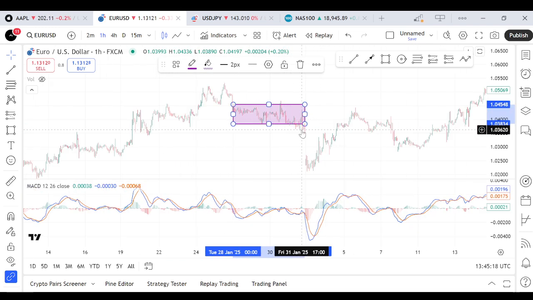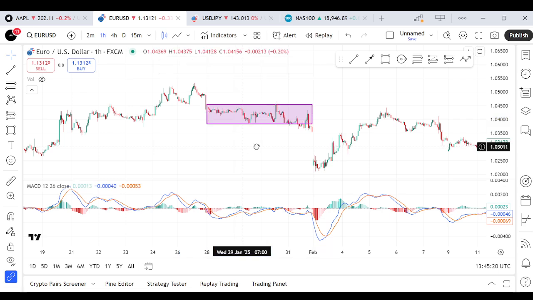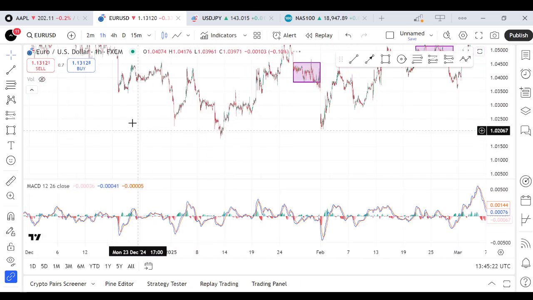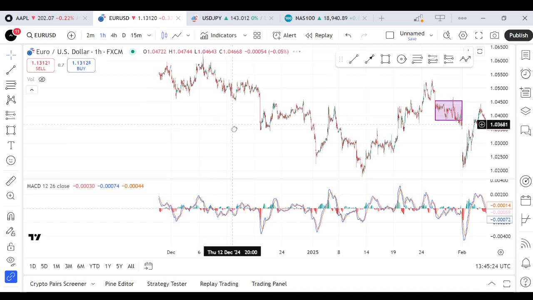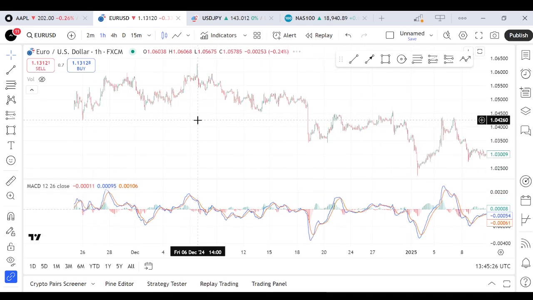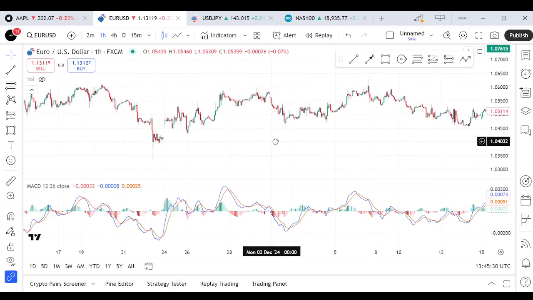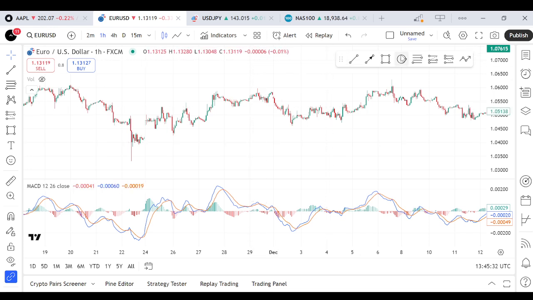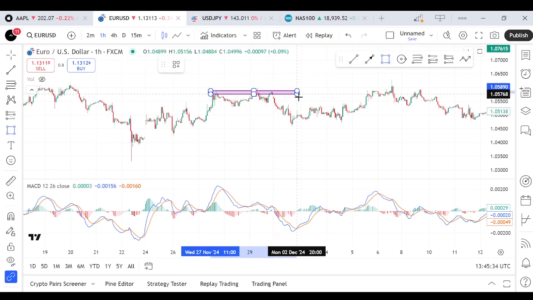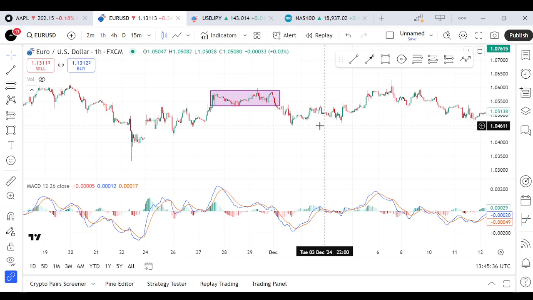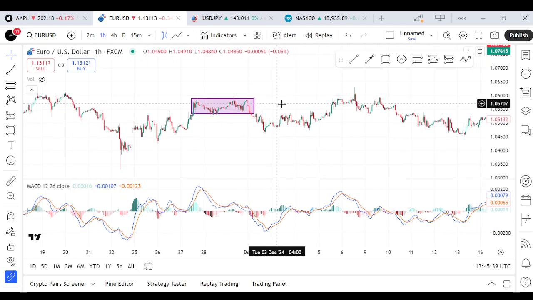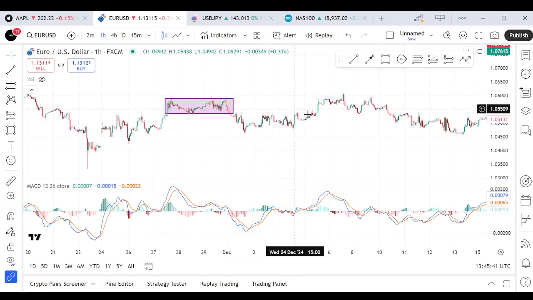I have one ranging market happening here, but I like to check if I have a better example. All right, see this one. Price was ranging here. We have price ranging here, and if you're just looking to take your sell trades, you can see the alignment.